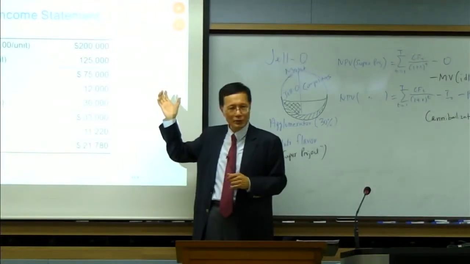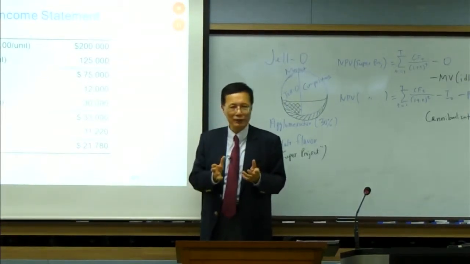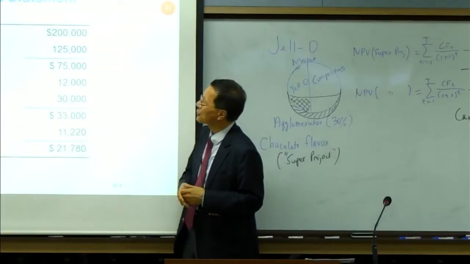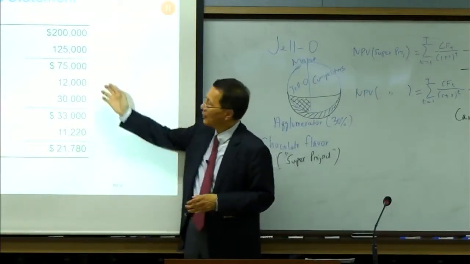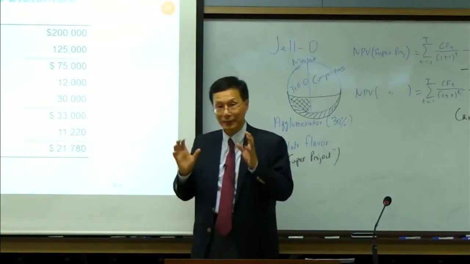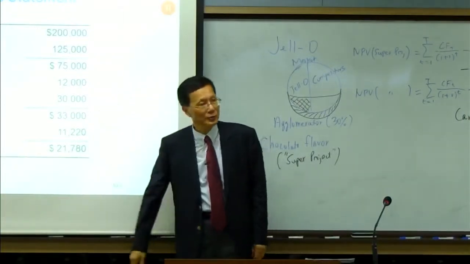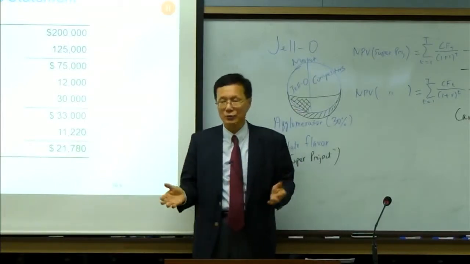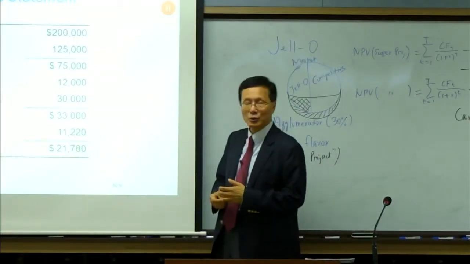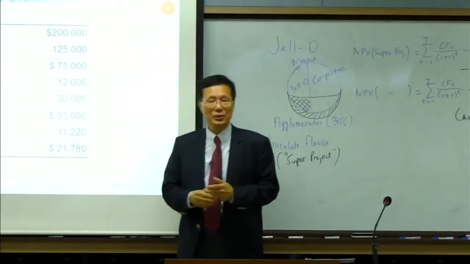Subtract cost of goods sold. Each unit costs $2.50, so variable cost of 125,000. That will yield gross profit of 75,000. Fixed cost, subtract 12,000, and subtract depreciation.